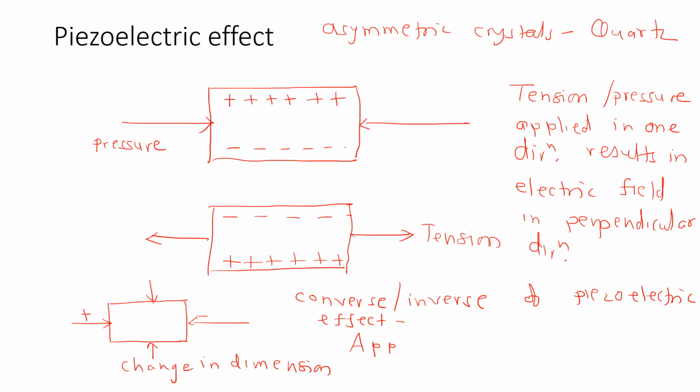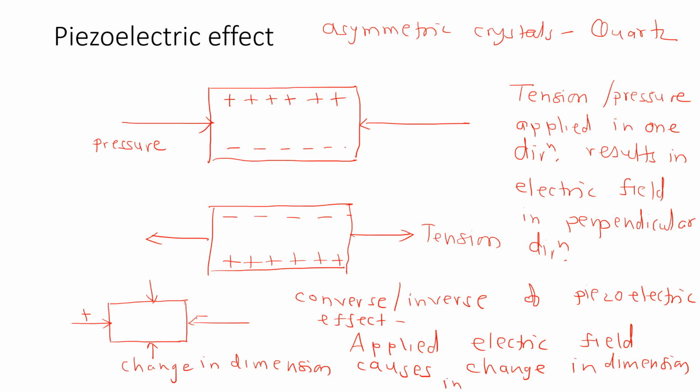Applied electric field causes change in dimension in perpendicular direction. So if we are applying electric field in this direction, then we are getting the change in the length.